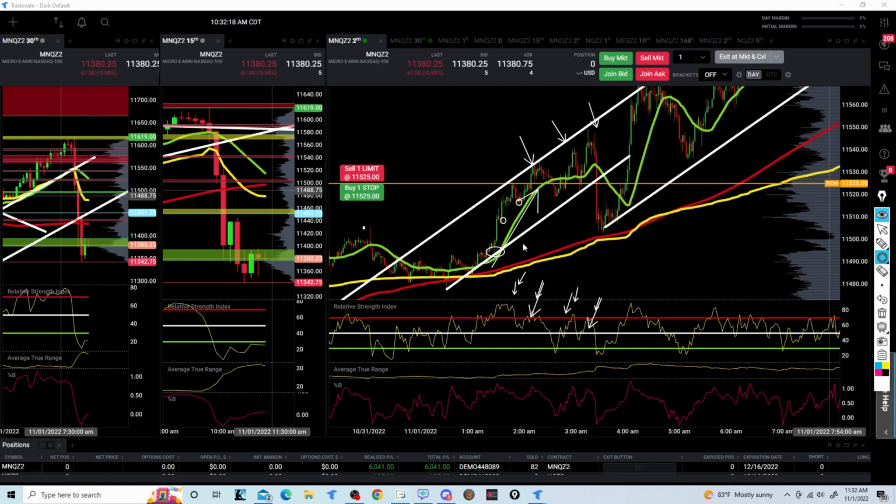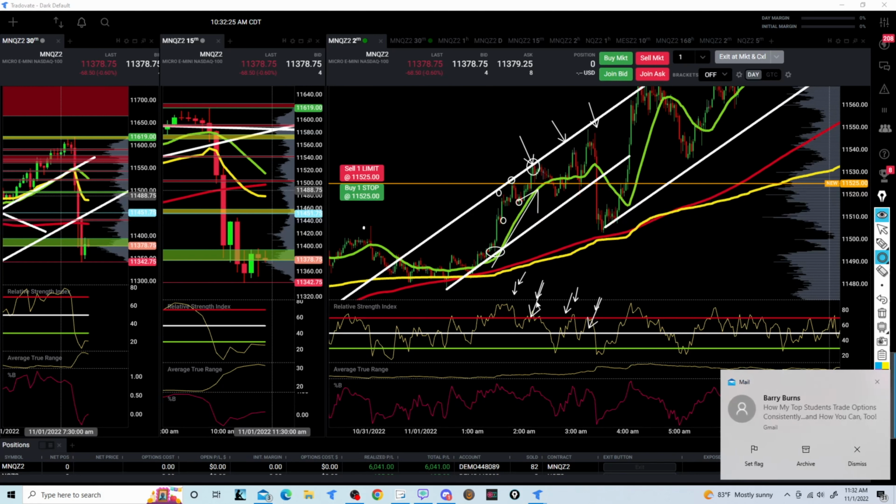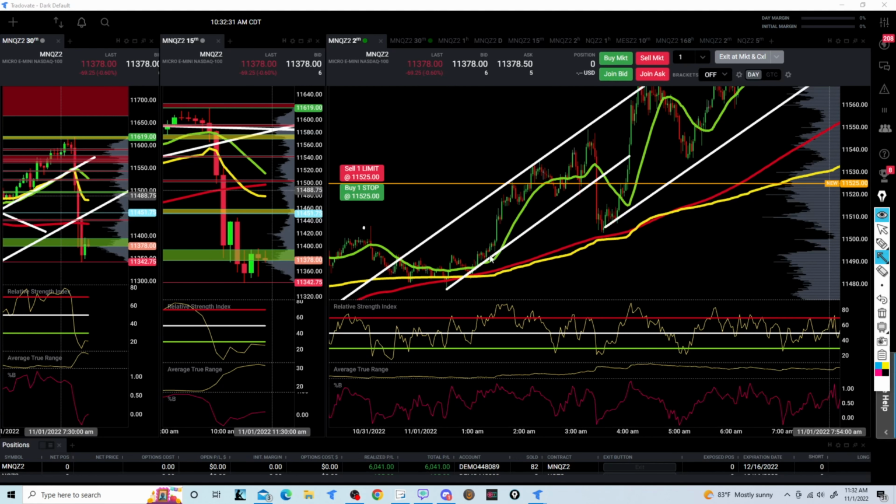You never want to be buying to go long really far away from it, because price always goes away from the 20 and likes to pull back to the 20.